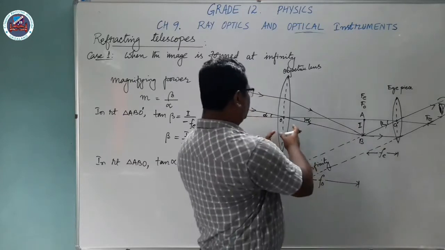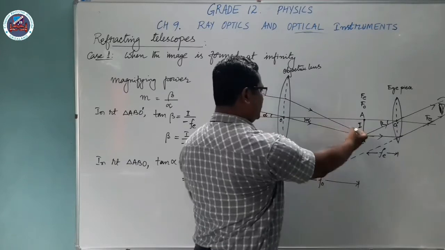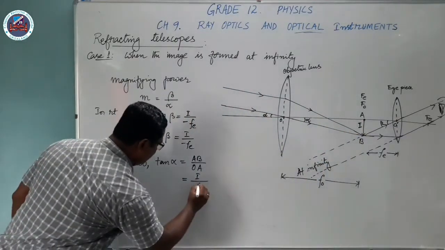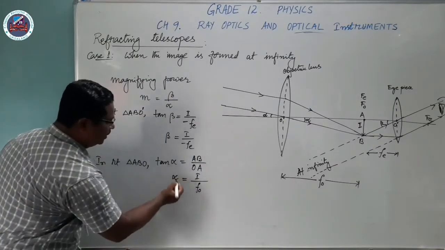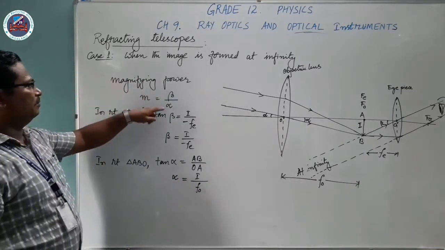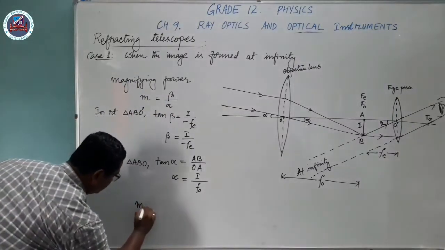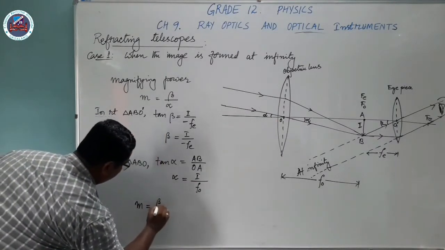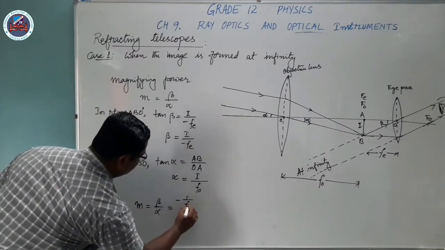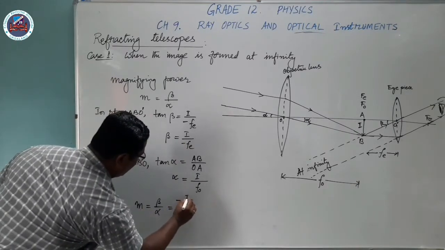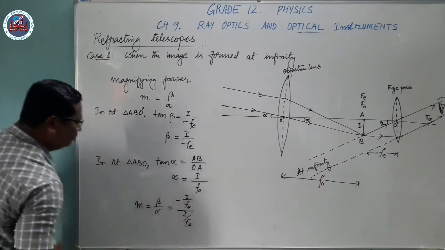But this time for the objective lens, the focal length is on the right hand side. We use this focus on the right hand side, so we take it as positive FO. By putting these values of beta and alpha, you can find out the magnifying power. So magnifying power M is equal to beta by alpha. Beta is I by Fe, with the minus sign, and here you have I by FO, this is the value of alpha.